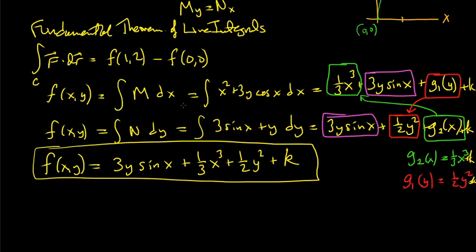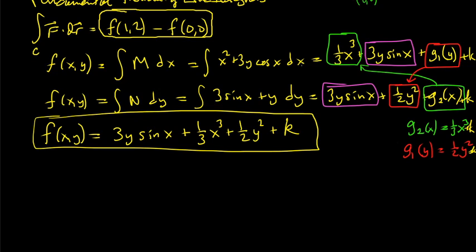Now all I need to do is plug in the initial point and the final point, right? (0, 0) and (1, 2). So let's do that down here. Right? So again, by the fundamental theorem of line integrals, it's essentially the fundamental theorem of calculus, we're evaluating an integral by taking its antiderivative, right?